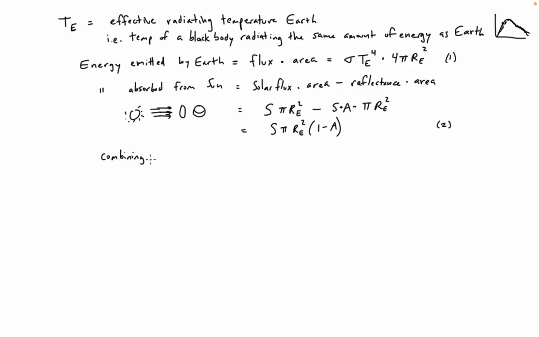Combining these, we get that constant from the Stefan-Boltzmann relationship, sigma, times the temperature at the surface, approximately, is equal to the solar flux divided by 4 times 1 minus the albedo.